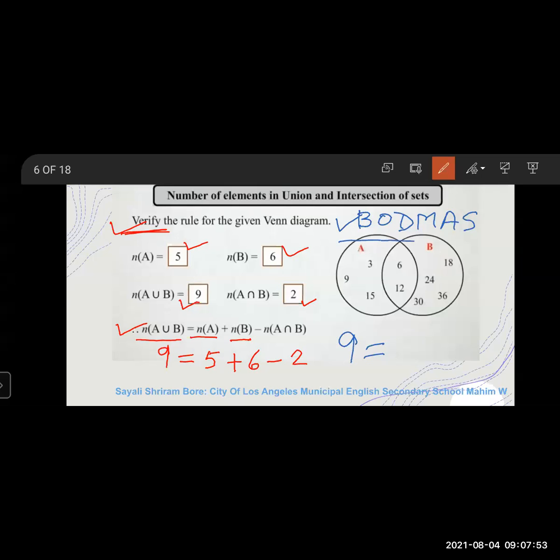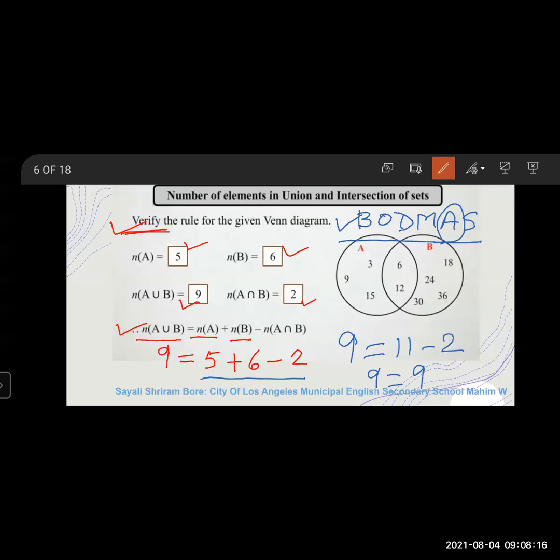You have to follow all this serially. Here you can see there is addition and subtraction, so the addition comes first and then the subtraction. 5 plus 6 equals how much? 11, minus 2.